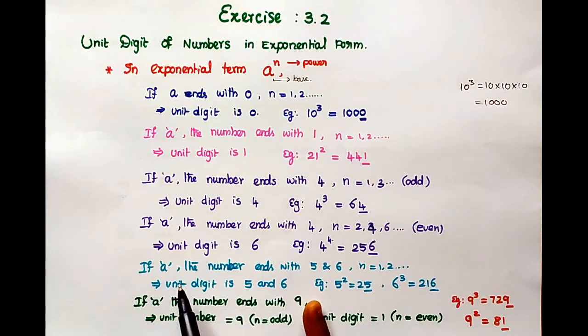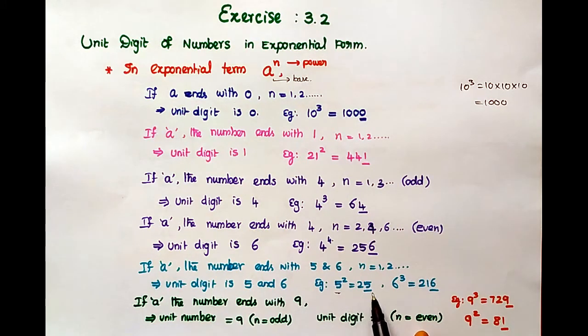Next, if the number ends with 5 and 6, like 5 or 6, n is a natural number, anything it is, the unit digit is also 5 and 6. For example, 5 squared, the base is 5, power is n, a natural number, anything it is.